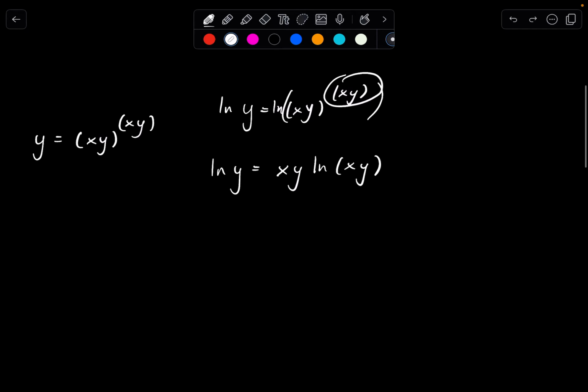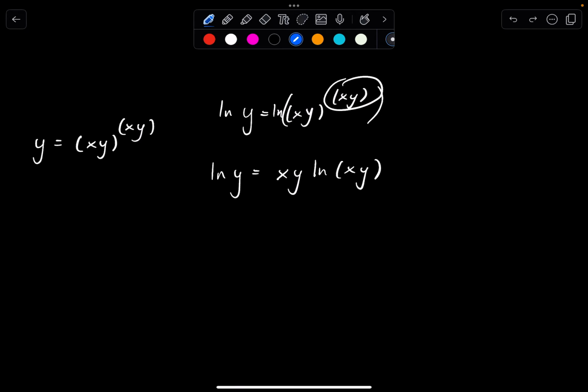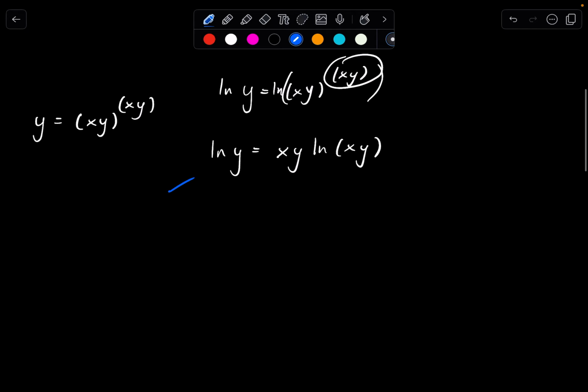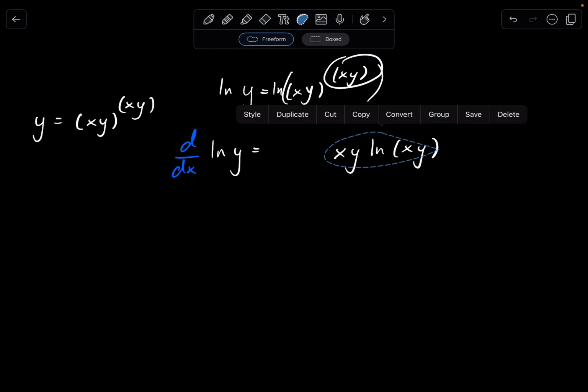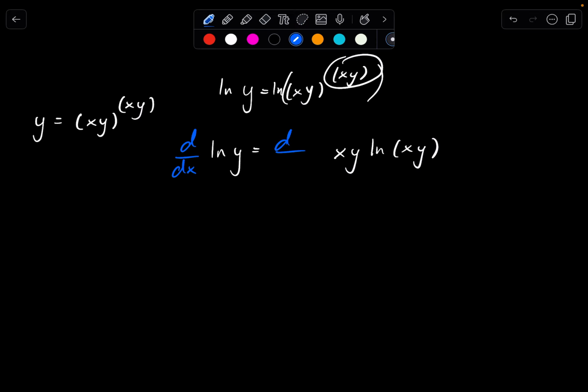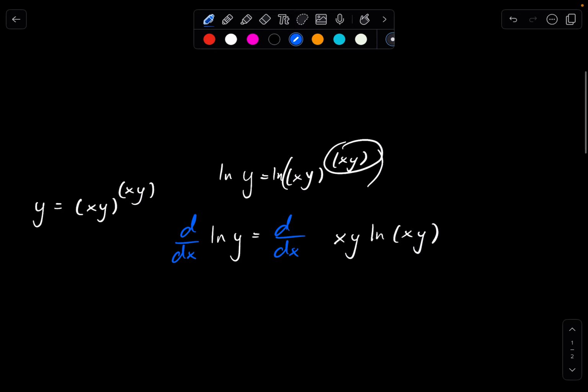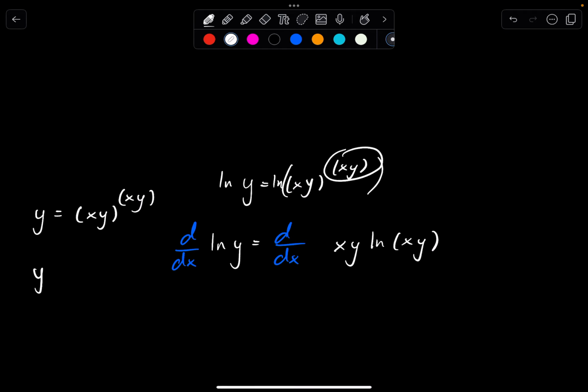So one thing we can do right here is we can immediately just differentiate this function. If we take the derivative, it's like applying d/dx with respect to x on both sides, and then solving for dy/dx, which is what our essential question is. y prime equals dy/dx. We're trying to find that.